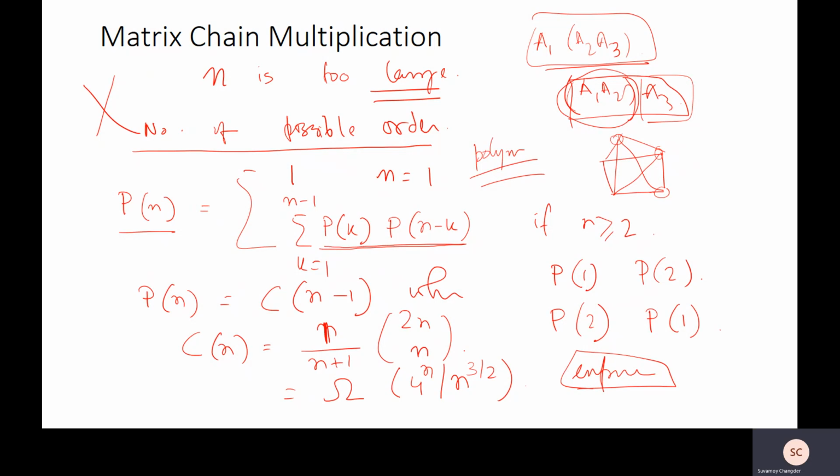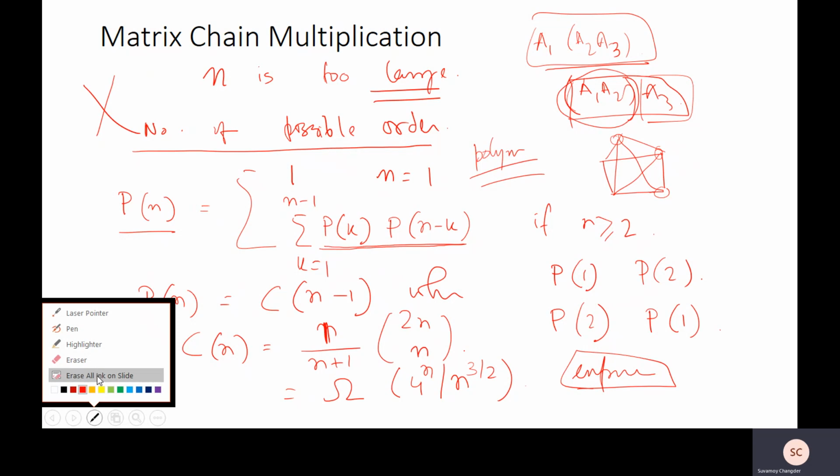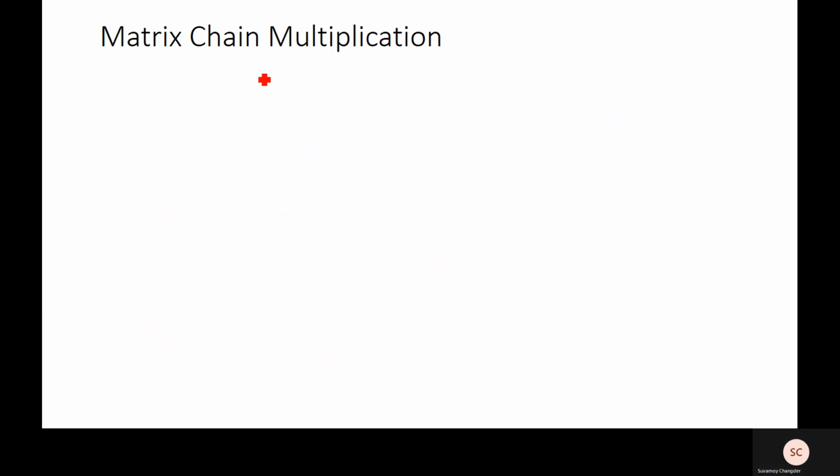So we will not consider this solution. Why is it taking so much time? Think about this. We have A1, A2, A3, A4.